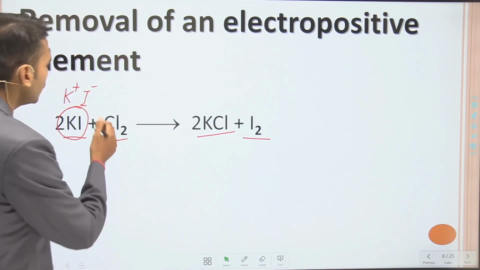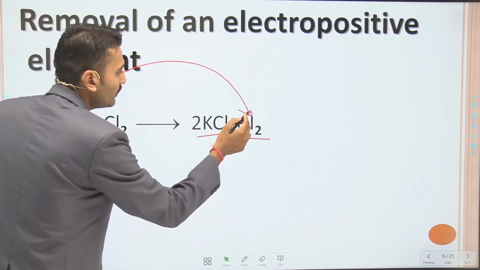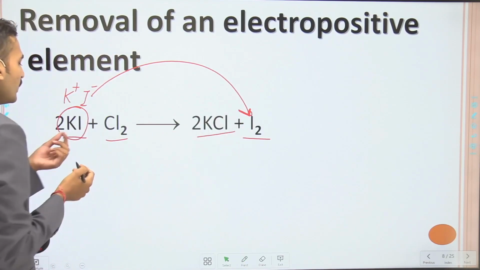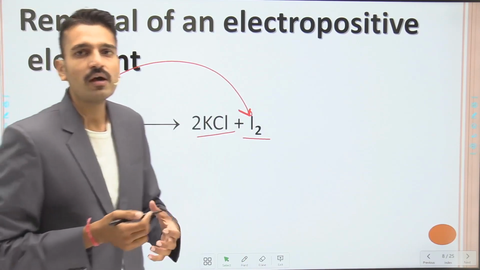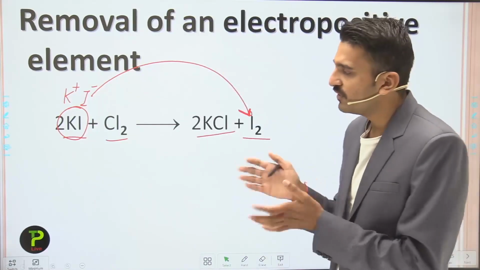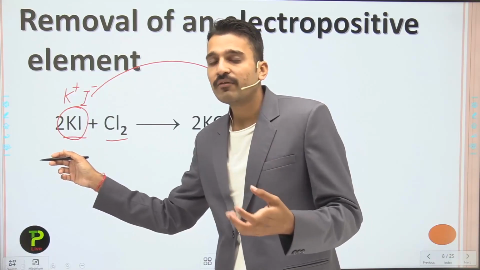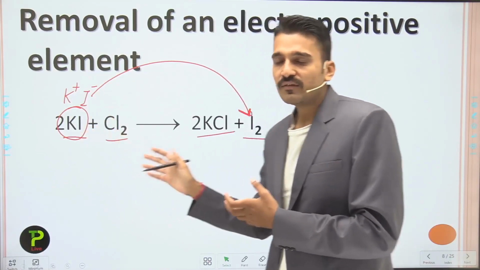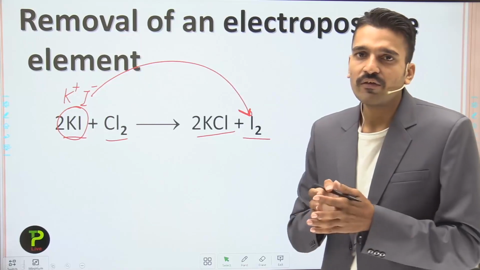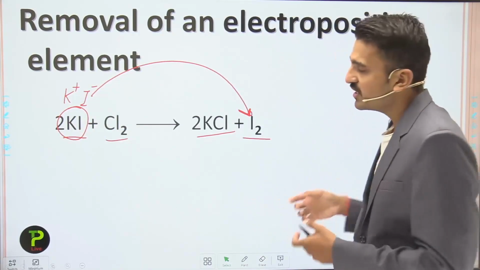It is changing from I minus to I, or I can say simply that the potassium has been removed from the iodine. That's why the formation of I2 takes place. Since there is the removal of potassium, an electropositive element, from the substance, it has undergone an oxidation reaction.